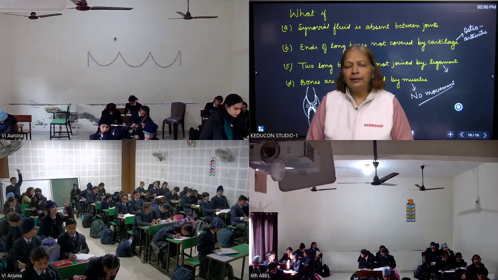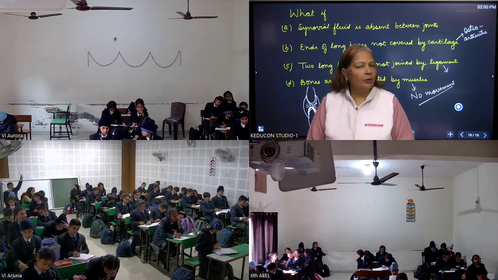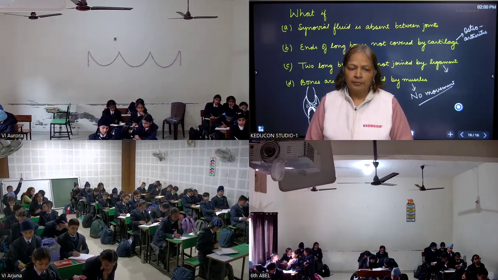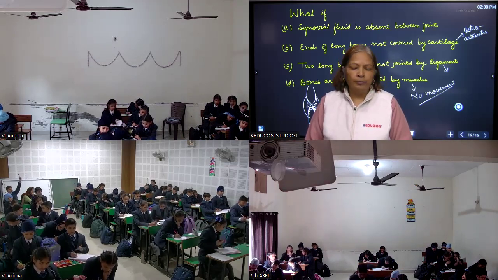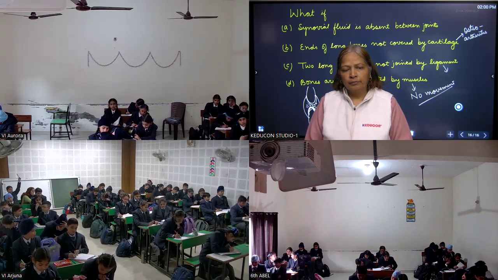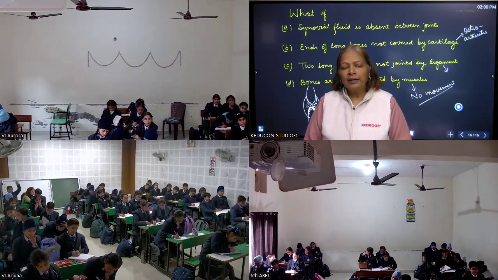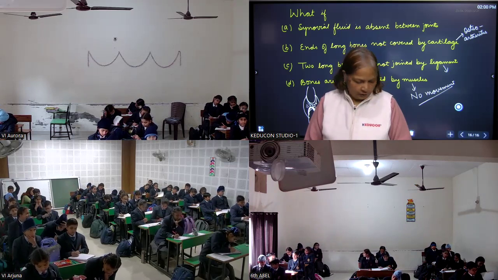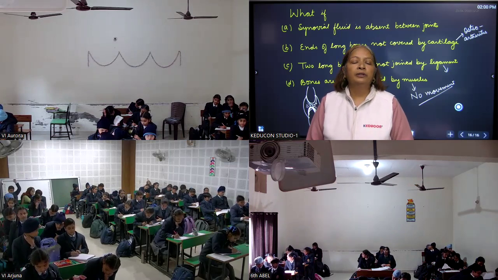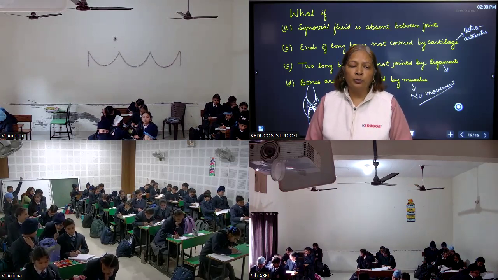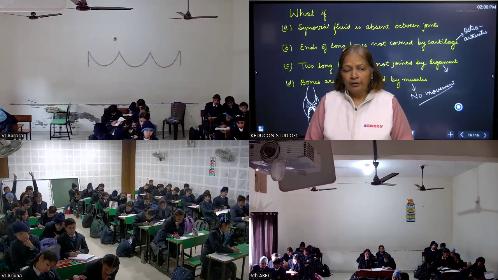Second: the type of joint which moves when we say no. Third: the type of joint which moves when we rotate our neck. लिख लो, next time मैंने पूछना है.